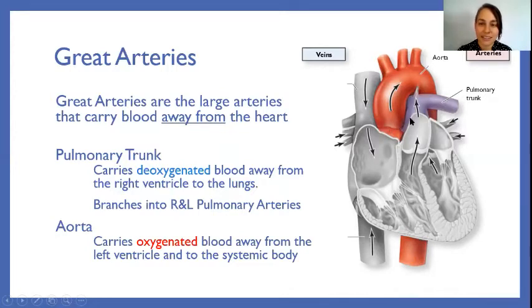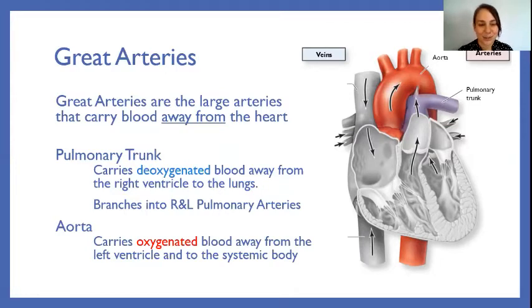Now what about this little area here in blue? What is that? That is the pulmonary trunk. The pulmonary trunk is going to branch and go to the right and the left lung. So this is carrying deoxygenated blood out to our lungs to get it filled with oxygen, and then later bring it back to the heart through the pulmonary veins.